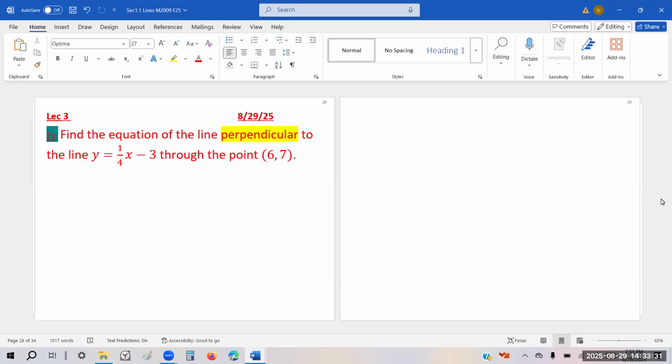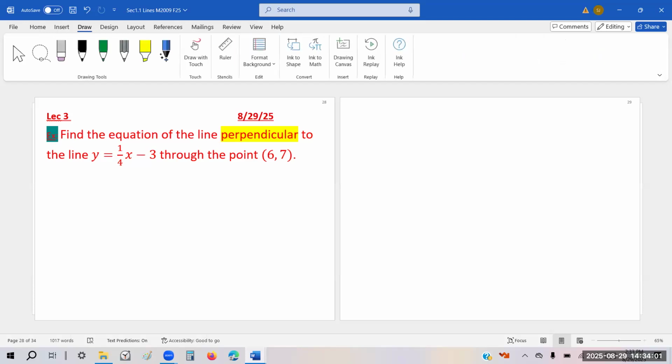Okay. So the main idea here is that we have an increasing line, which is y equals 1/4 of x minus 3.